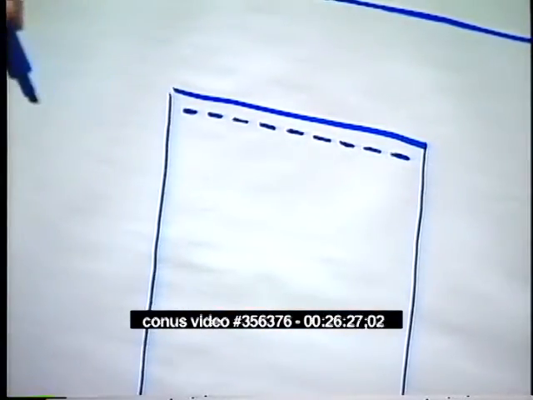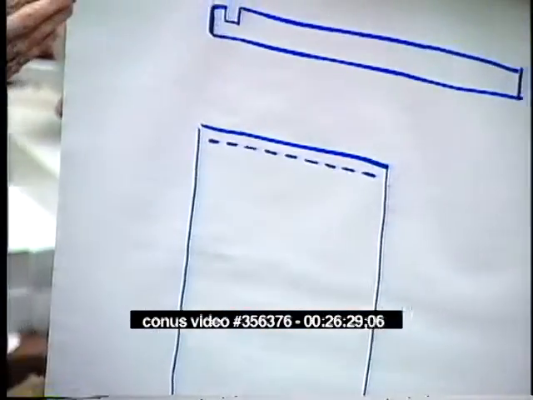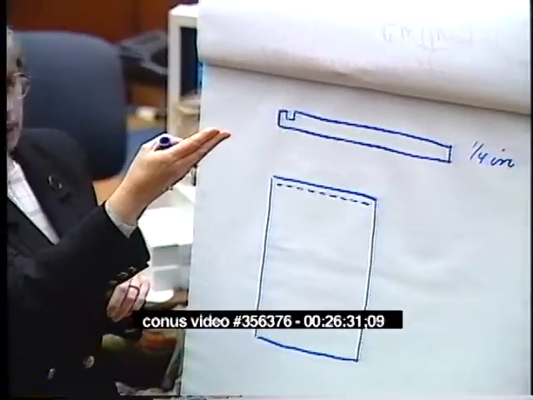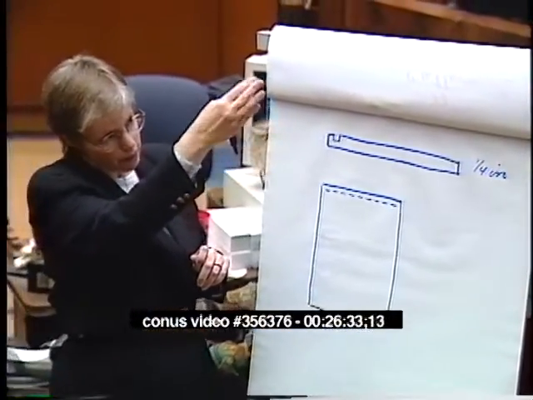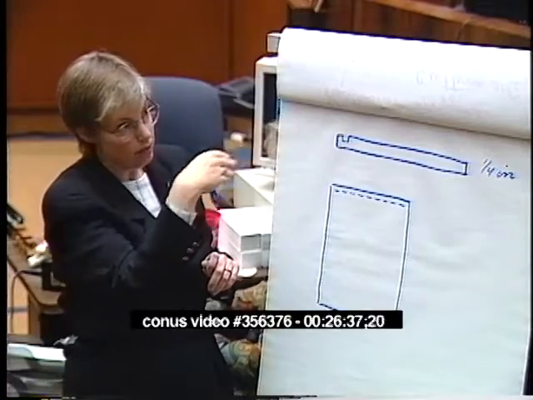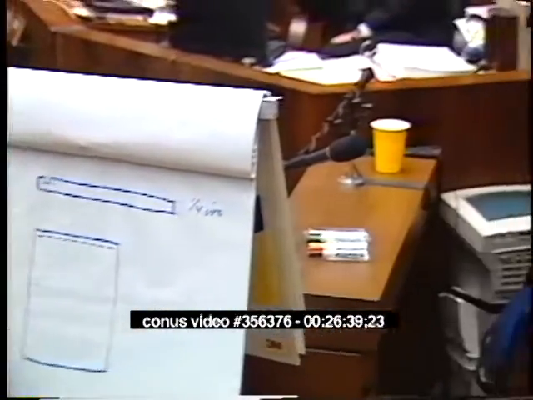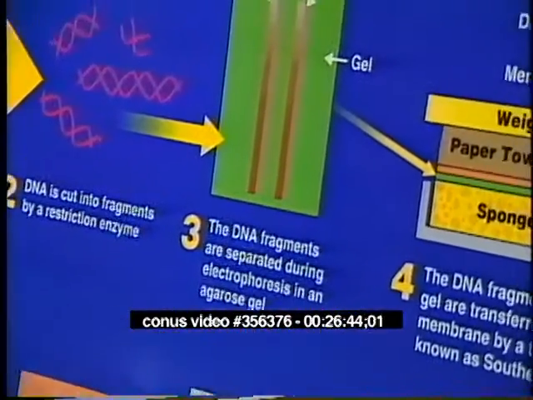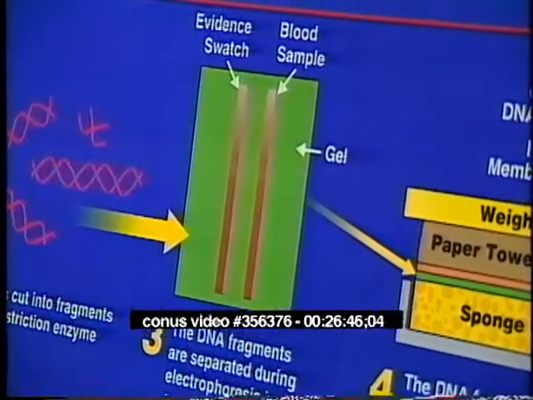Now on the diagram they're showing you where 2 samples have gone in that gel, so the red lanes represent one indentation where you could put a sample.